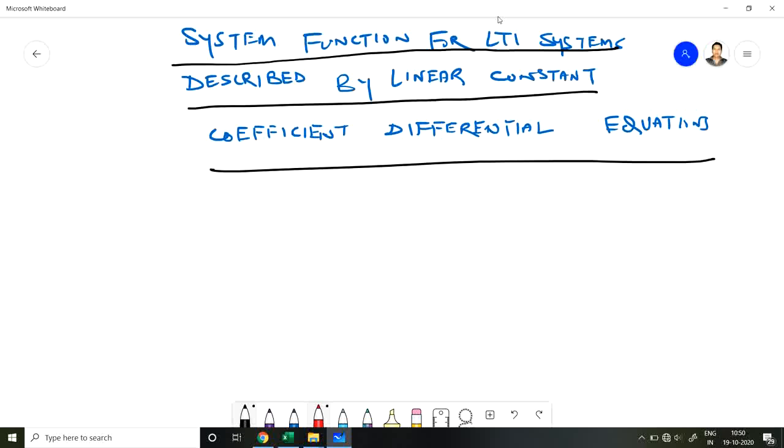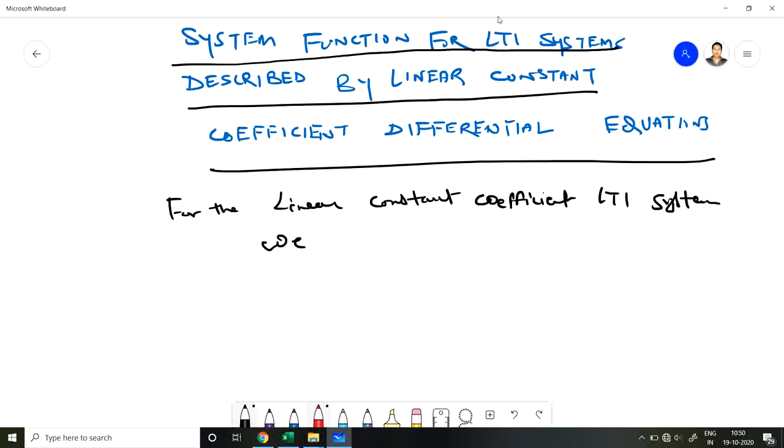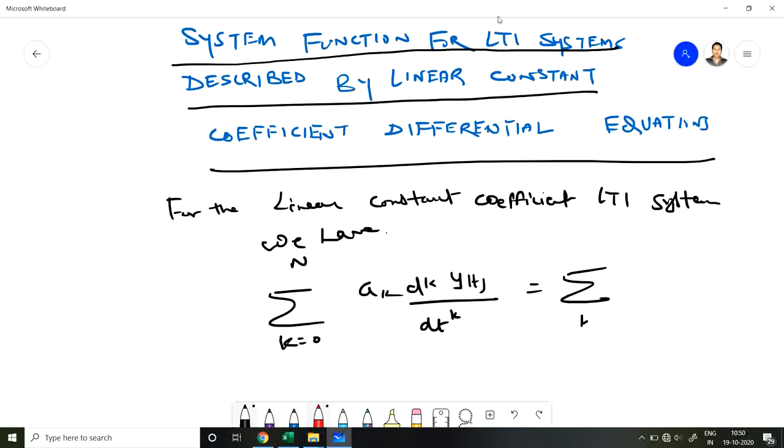Basically, for the linear constant coefficient LTI system, we have the summation from k equals 0 to N of a_k d^k y(t) over dt^k equals the summation from k equals 0 to M of b_k d^k x(t) over dt^k.